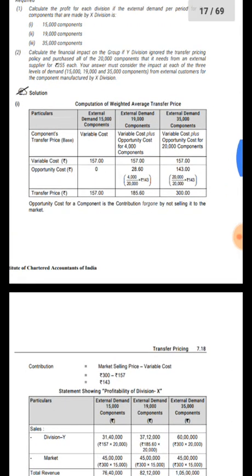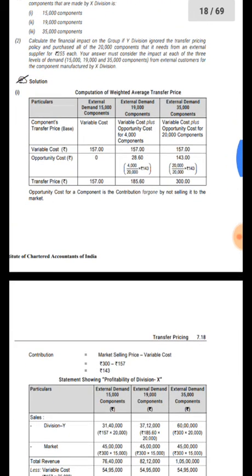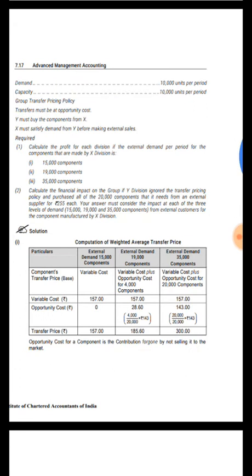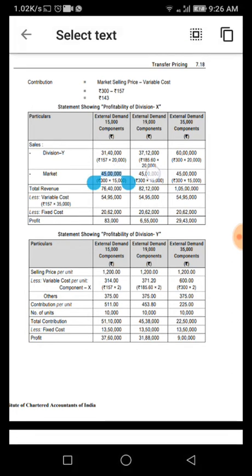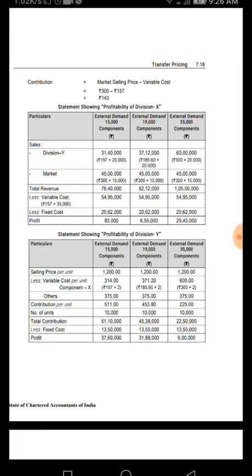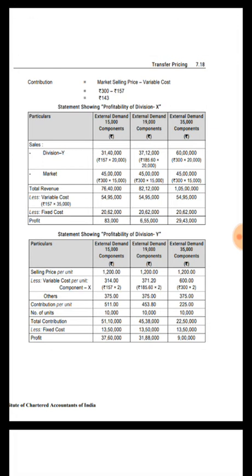The first thing we got here, the transfer price, rest of the things we satisfy. So see division Y, selling 20,000 because first division X has to sell to division Y. So 20,000 sold here, here, and here. Okay, first thing you have to sell to division Y.